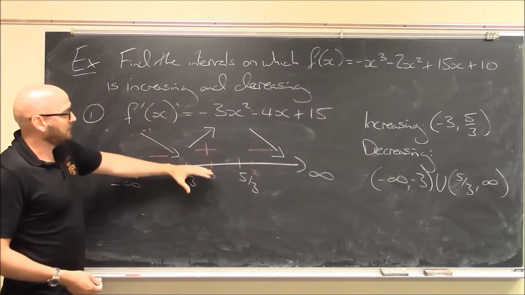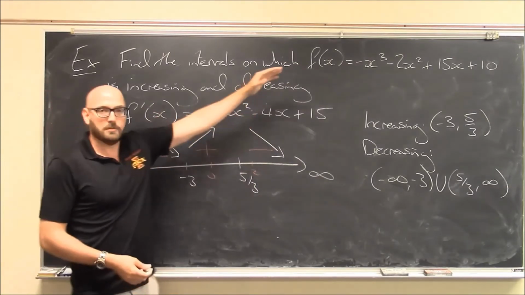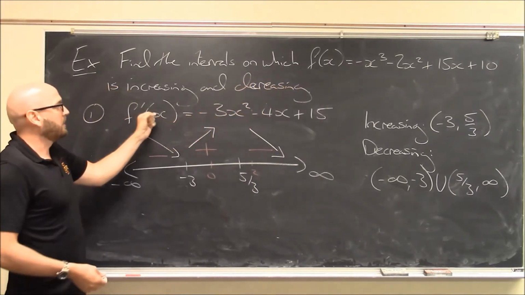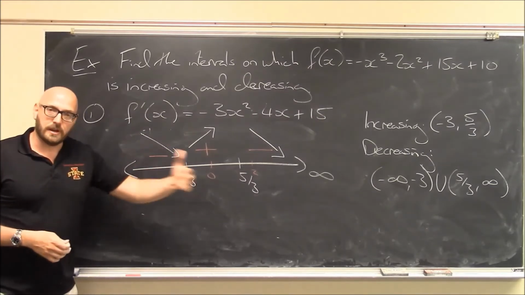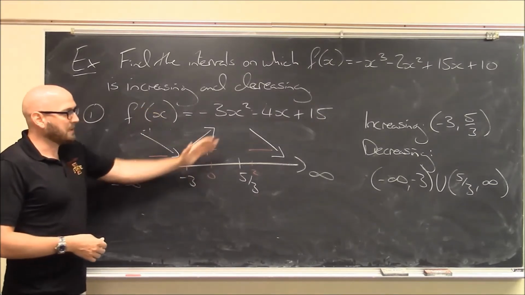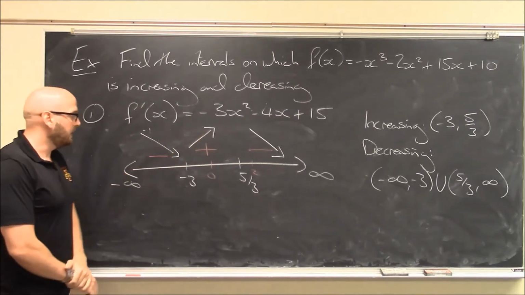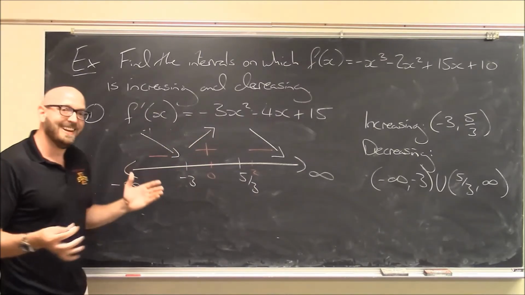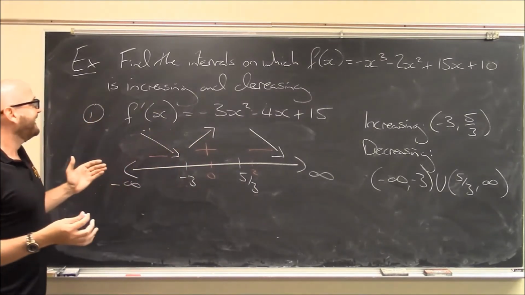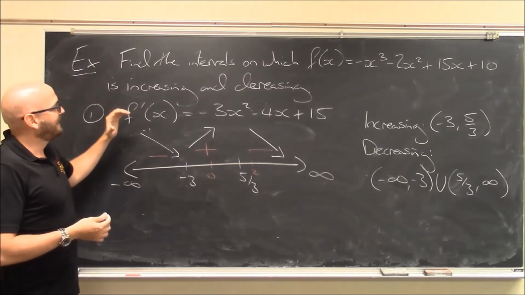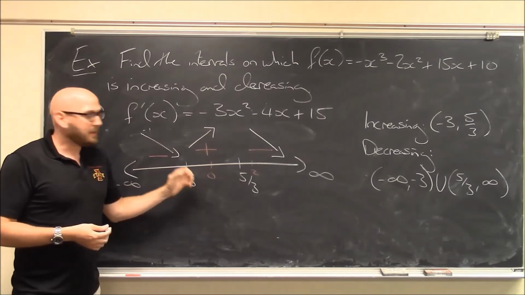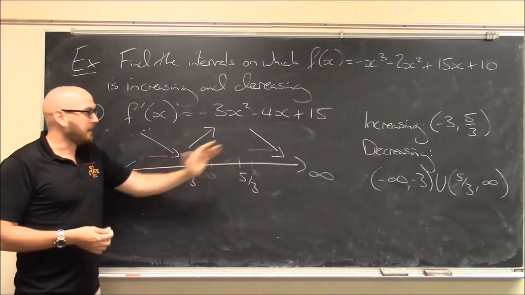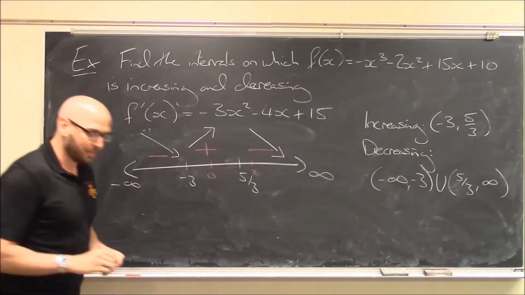Very common mistake is to accidentally plug them into the original function. Don't do that, right? I'm plugging them into the derivative because I'm interested in is the derivative positive or negative, because the derivative tells me about the slope, right? Increasing or decreasing. Once you know if it's increasing or decreasing at any point in the interval, then you know the whole interval in actual fact. So we'll do more examples.